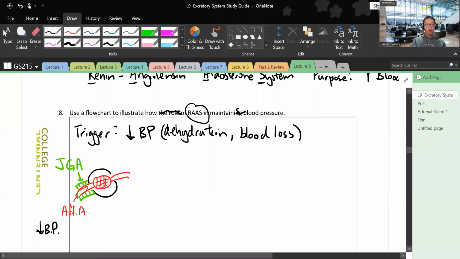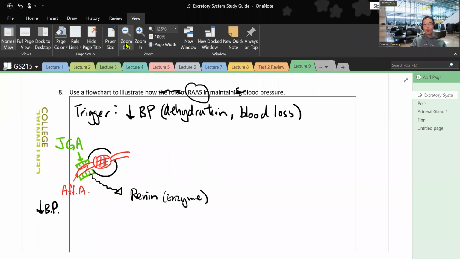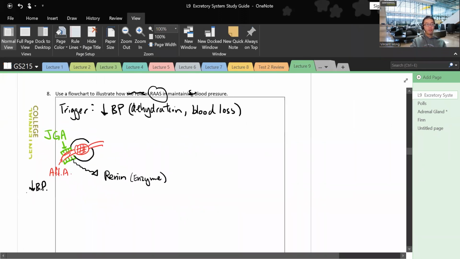And in response to the drop in blood pressure, the JGA is going to release an enzyme called renin. So that's the R in the RAS, the renin. Okay, it is an enzyme. Okay, no renin unless you have drop in blood pressure. All right, so we'll leave that alone for now.